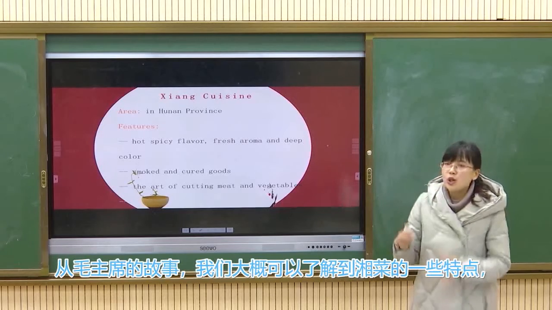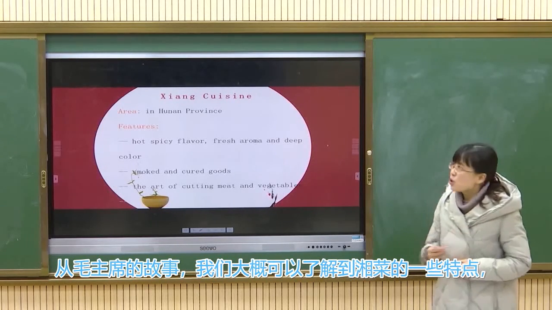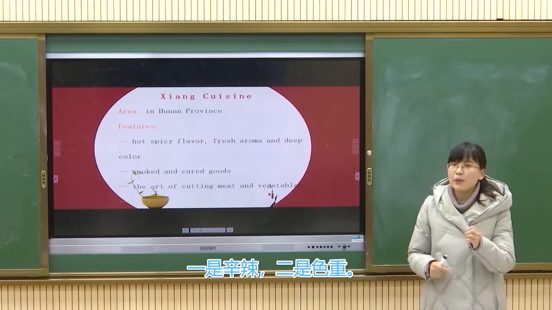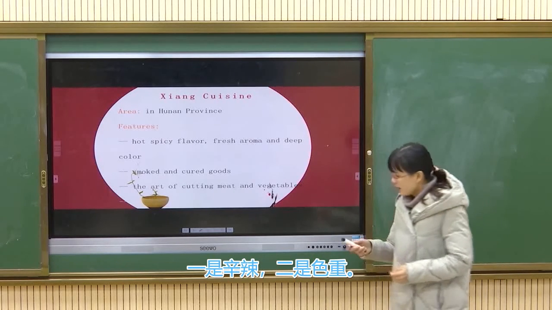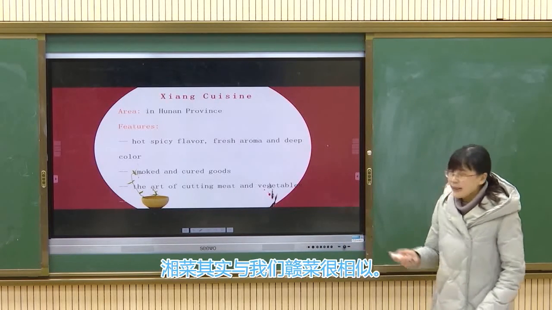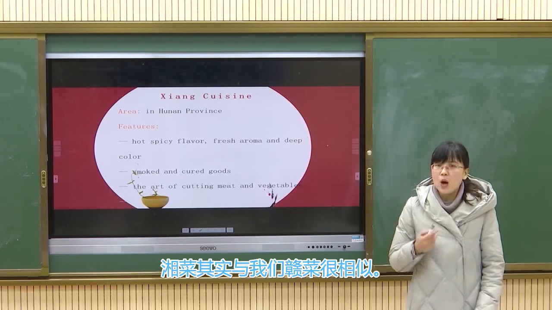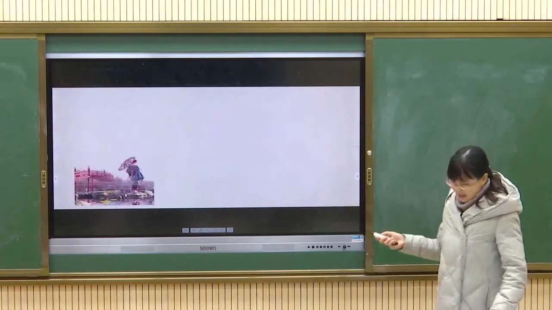So from our Chairman Mao's story, we can know the feature of Xiang cuisine. That is first, very hot. Second, of deep color. Okay, and I can say that Xiang cuisine is much similar with our Gan cuisine.